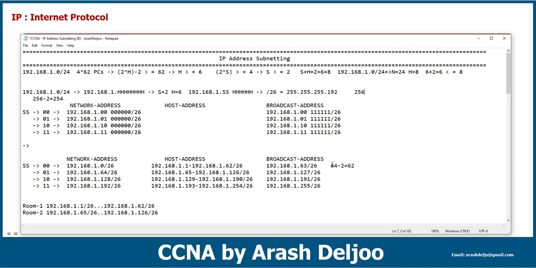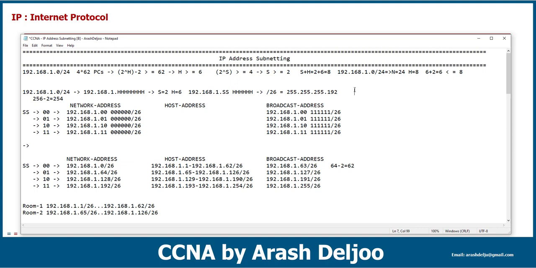Here we have 4 multiplied by 64 IP addresses, because in each of these networks we have 64 and 62 of these IP addresses are usable, and 4 multiplied by 64 equals 256. This is the benefit of subnetting.